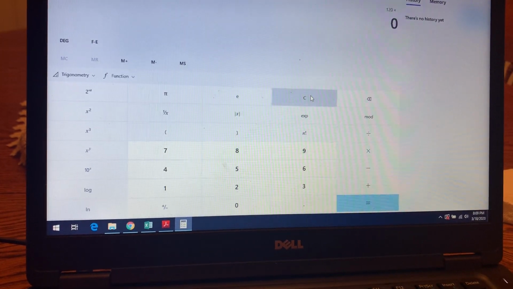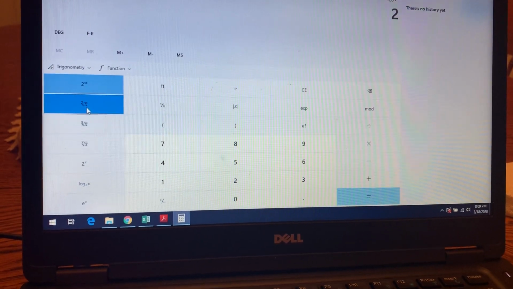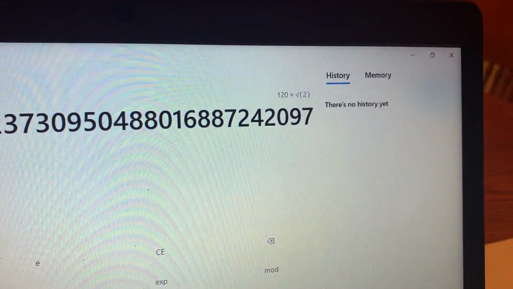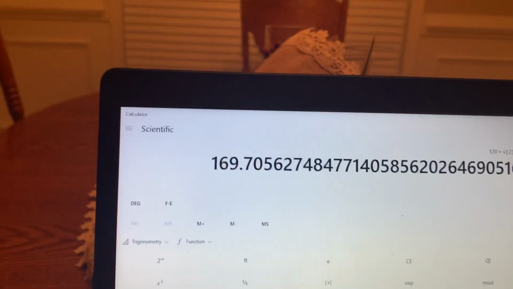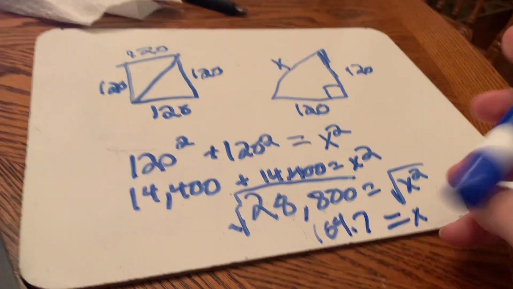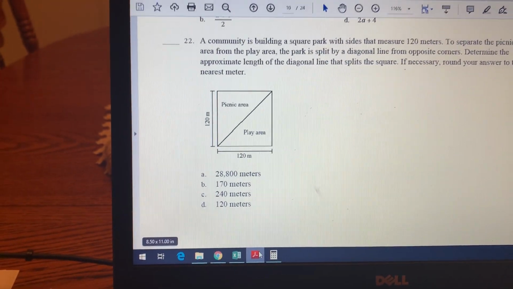All right, 120 times the square root of 2. There we go. The 1.41 is the square root of 2. I got it up there, so I hit equals. And it gives me 169.7, which I will round up to 170, B. All right, so there we go.